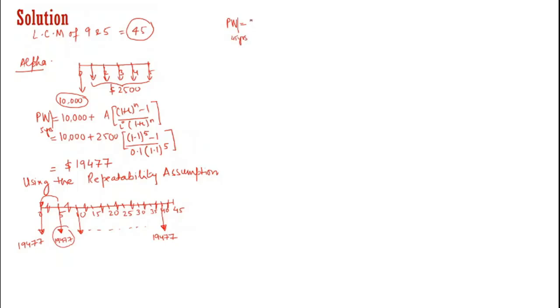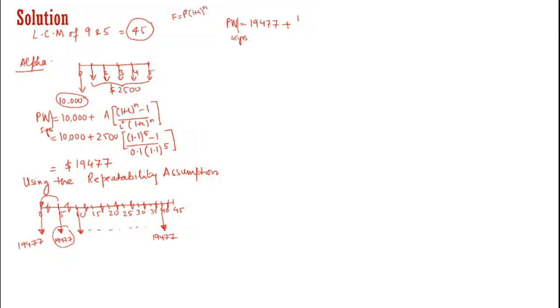The first transaction is already at 0, so no need of any conversion. For the second, treating it as the future and computing it at the present point of time, using the relation F equal to P(1 plus i)^n.